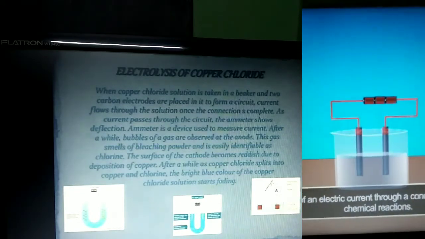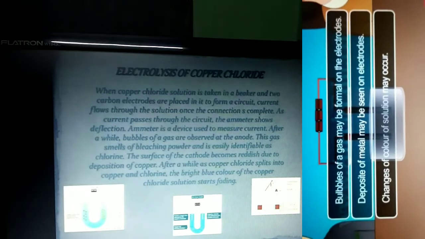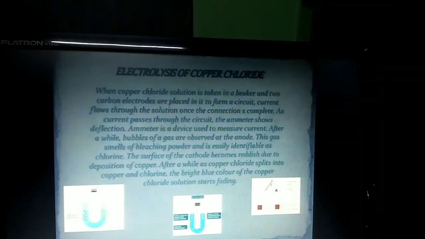After a while, as copper chloride splits into copper and chlorine ions, the bright blue color of the copper chloride solution starts fading. By this we can say the chemical effect of electricity, that is, a chemical reaction, occurred in the given solution, that is copper chloride.